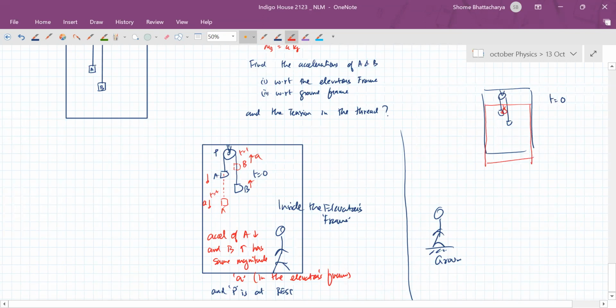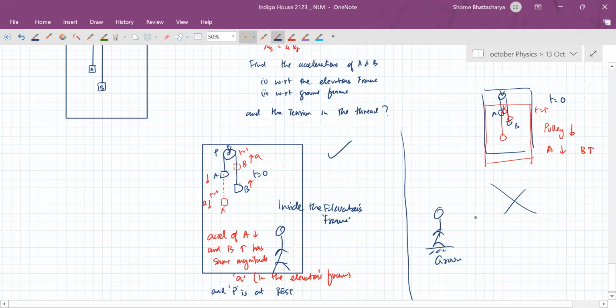So the pulley is here now. This has become much more complex. The pulley has a downward acceleration. The block A has a downward acceleration. The block B has an upward acceleration. So it is more complicated. So we won't use this. We'll use this because this is easier.